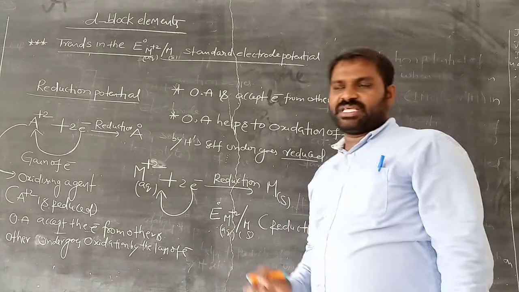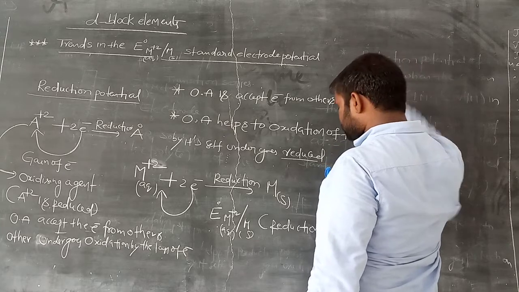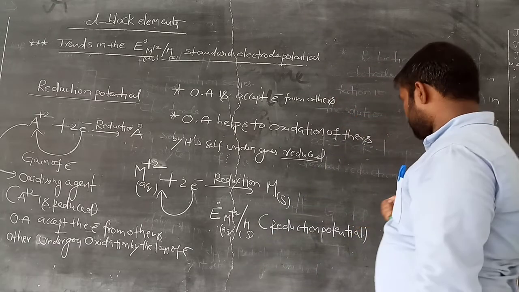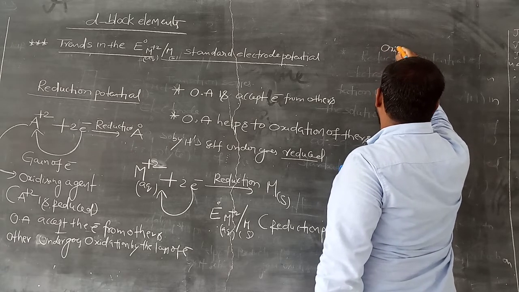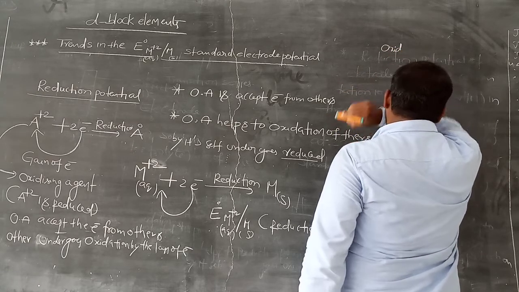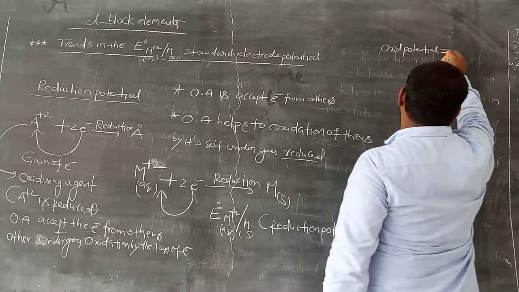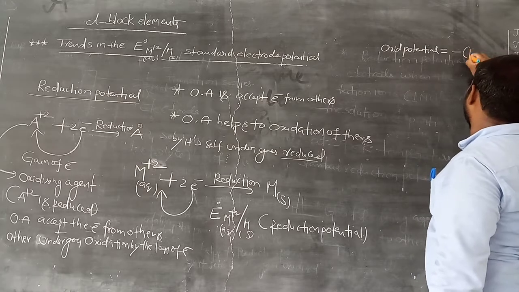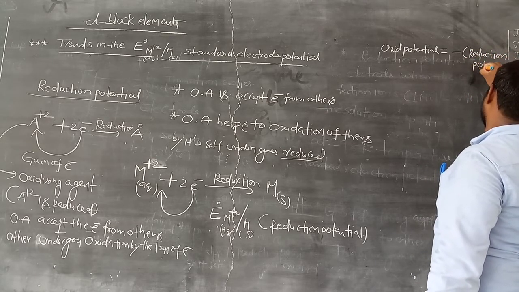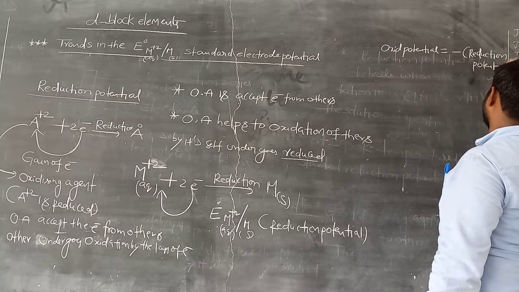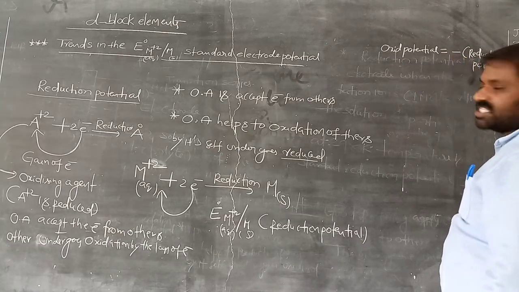Here you should remember one thing. Reducing agent means. Is it clear? And note here: oxidation potential is equal to minus of reduction potential. Remember this. We have the special topic electrochemistry unit in the second year. We will discuss oxidation potential equals minus of reduction potential.